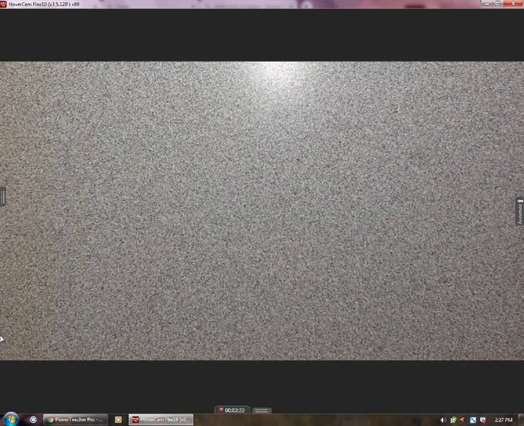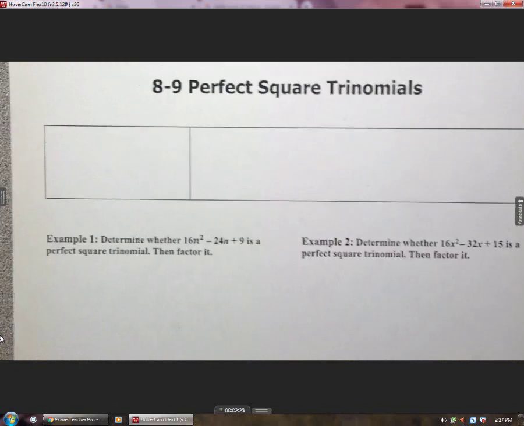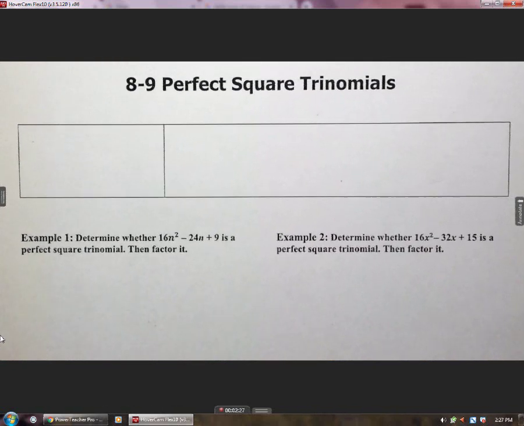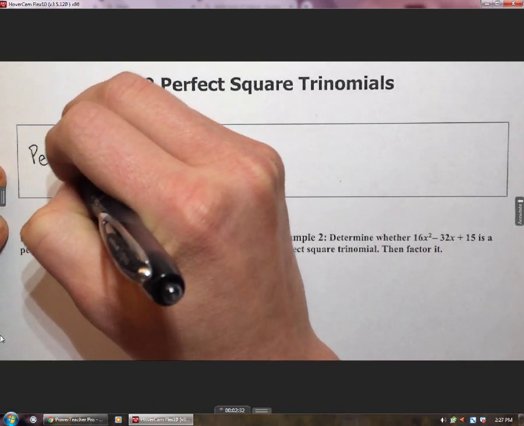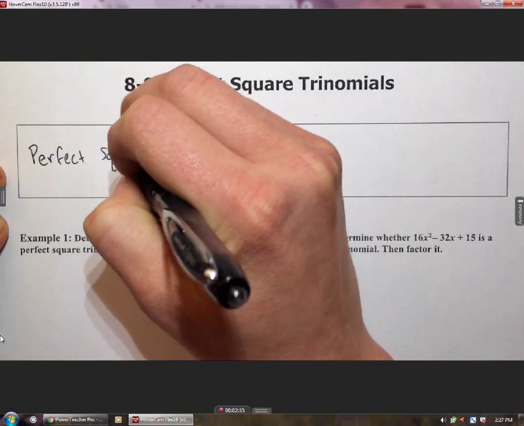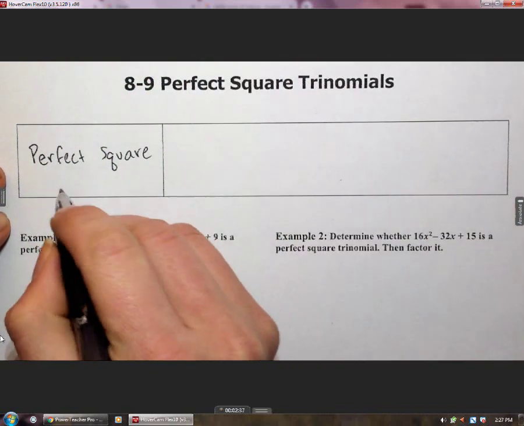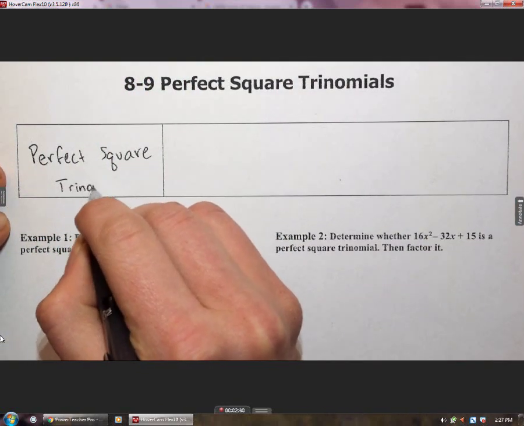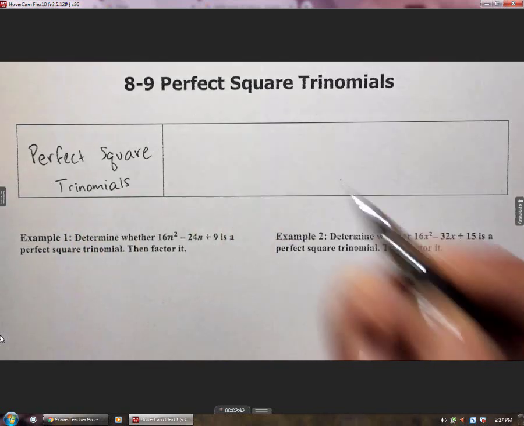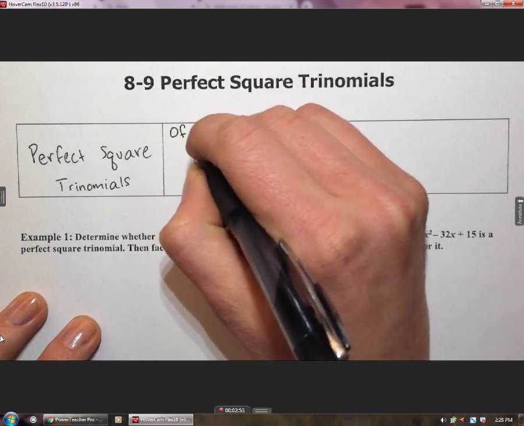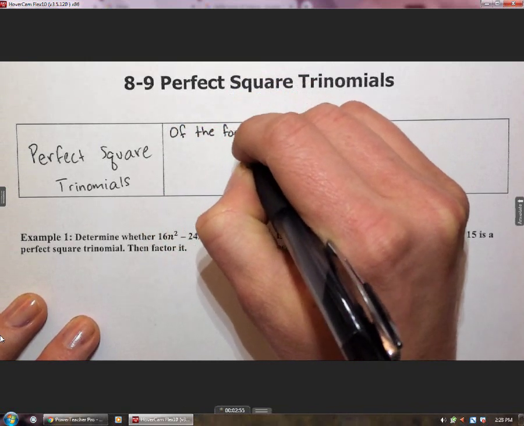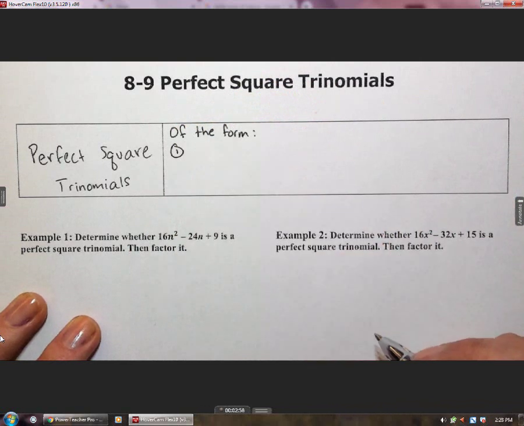All right. So here's the actual notes. We just learned about perfect square trinomials. They are of the form, meaning they look like this. There's two options. I just wrote it for you.